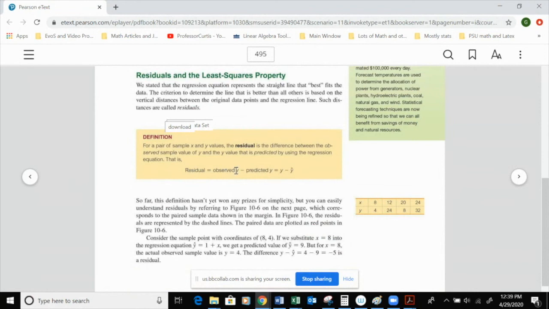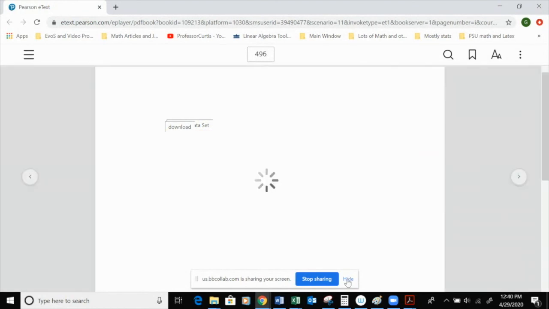That's the Y value, the Y that you actually measured on the penguin. And then you have the predicted Y. This is the Y hat, what the formula tells you the line predicts. So you have this regression equation and you find out what Y hat is, and then you take the value you actually measured and subtract them to find the difference. That's called the residual. So, easy enough. Let's look at an example now.